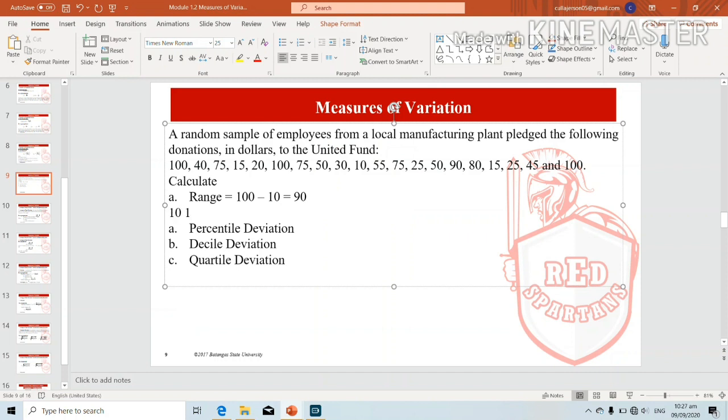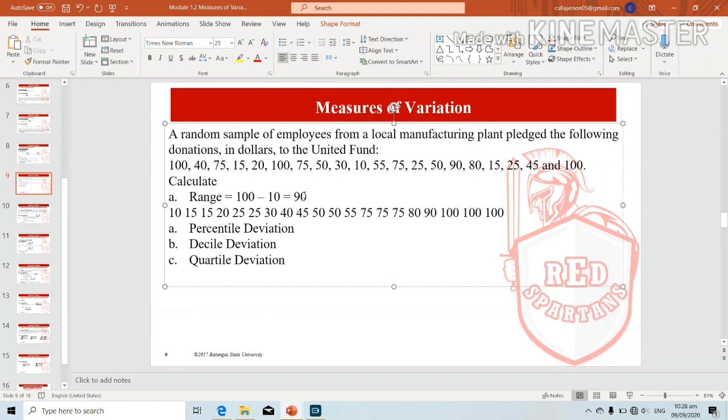10, 15, 15, 20, 25, 25, 30, then 40, 45, 50, 50, 55, 75, 75, 75, 80, 90, 100, 100, and also another 100.